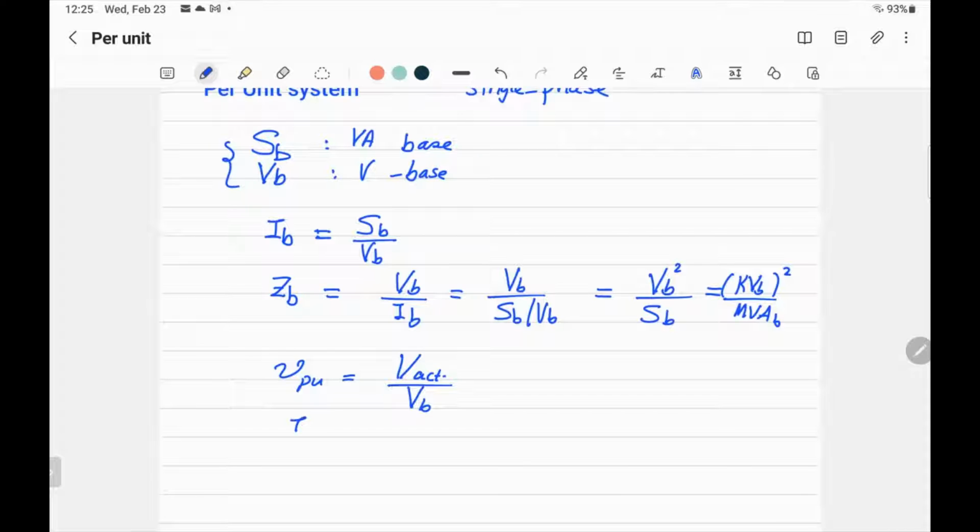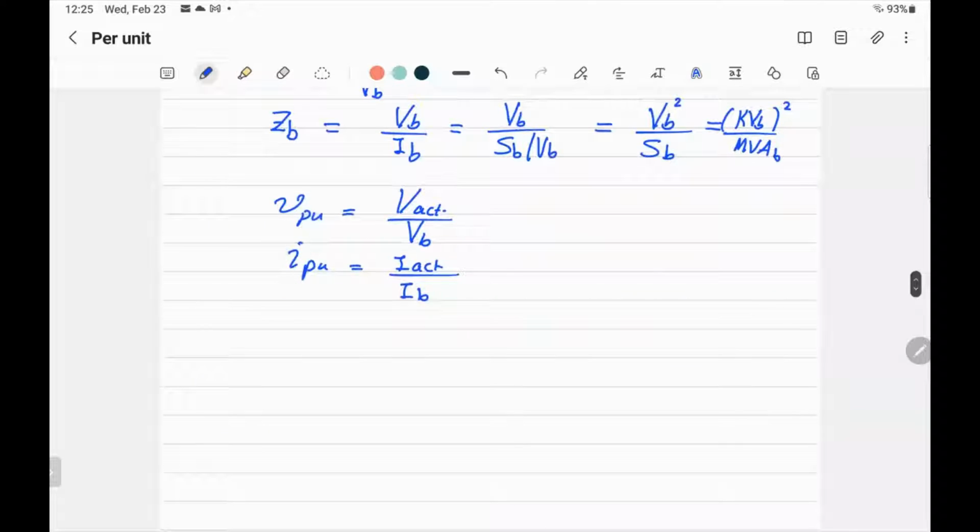How do you find the current per unit? I per unit will be equal to the actual value of the current divided by the base value of the current. How do you find the impedance in per unit? The actual value of the impedance divided by the base value.